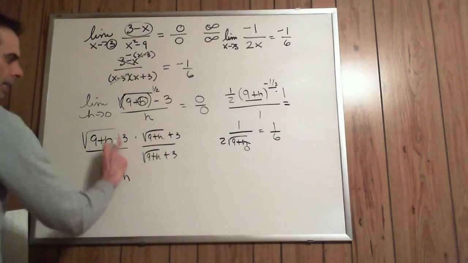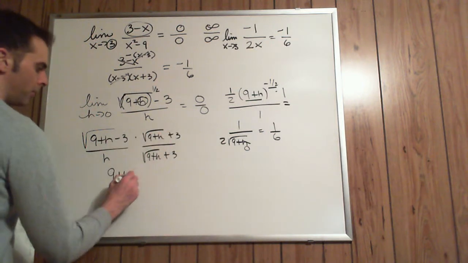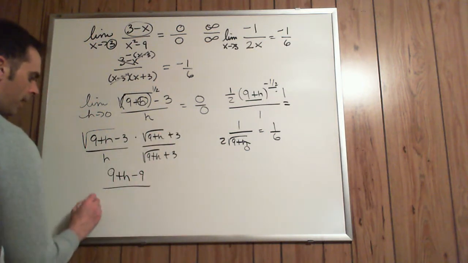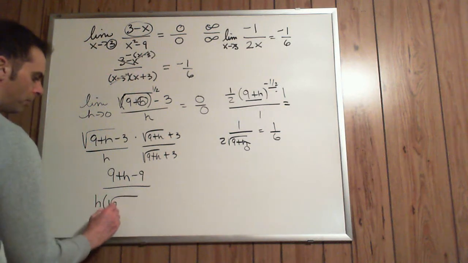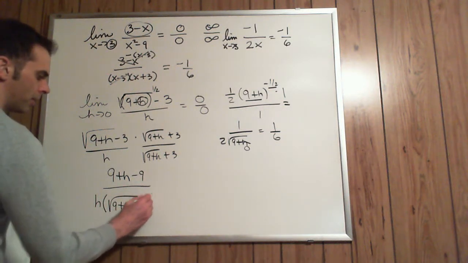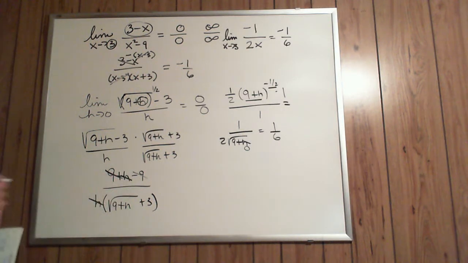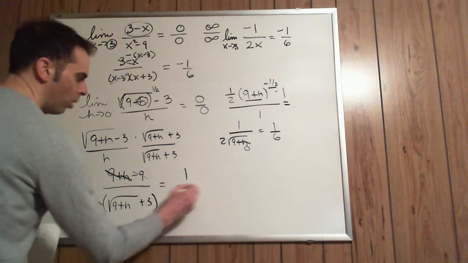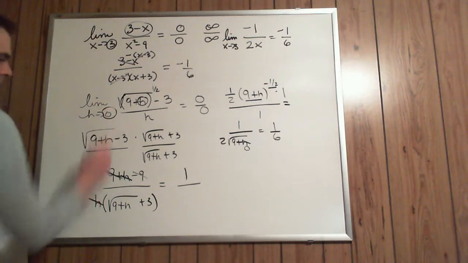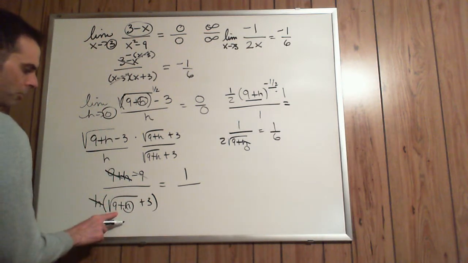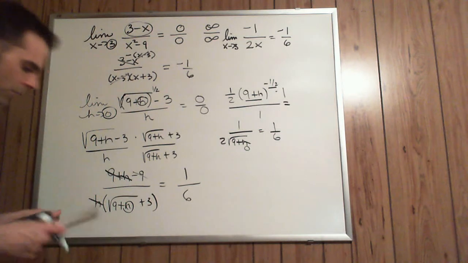The outer and the inner would drop out, and this times this is negative 9. And we would not do anything to the bottom other than just squeeze them together. These drop out, these divide out, and we're left with over on top 1 over. And when h goes to 0, we get root 9, which is 3 plus 3 is 6. So there's that way as well.